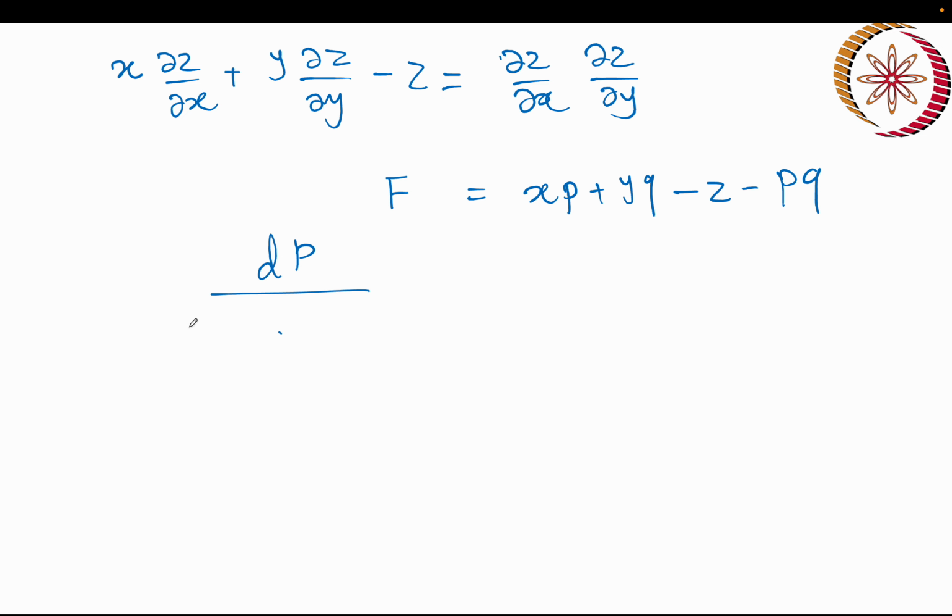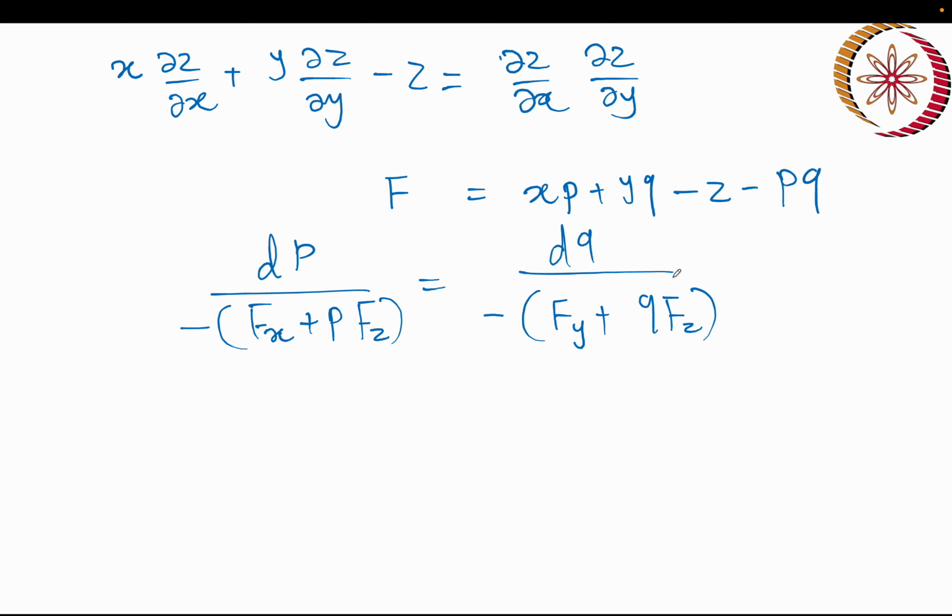So dp divided by minus f x plus p f of z is equal to dq divided by minus f of y plus q f of z. If we differentiate f with respect to x, we'll get p, there is nowhere else there is x, so this is fine, plus p into, if we differentiate with z, it will be minus 1.